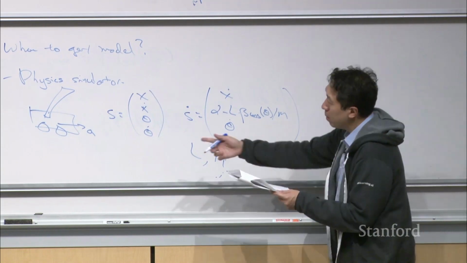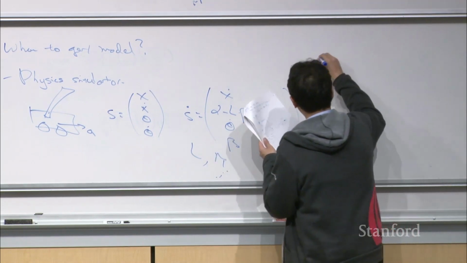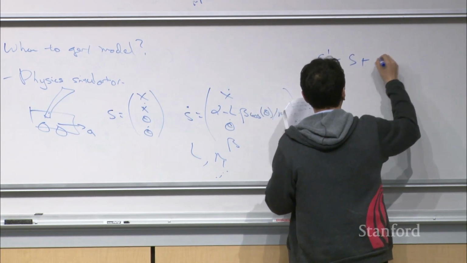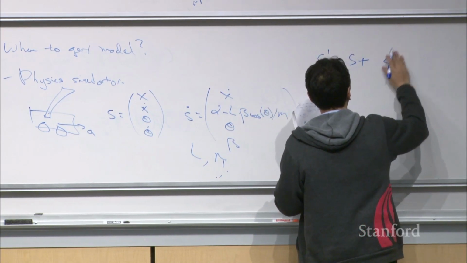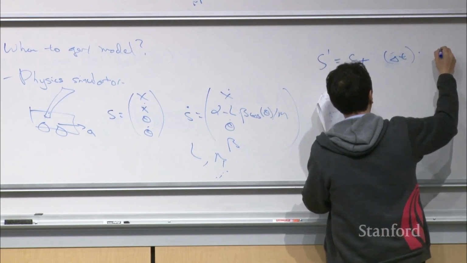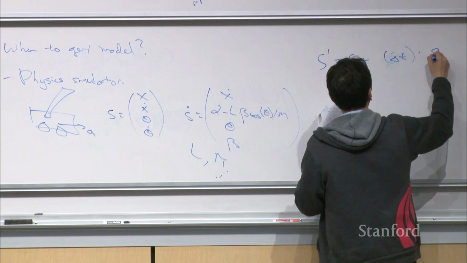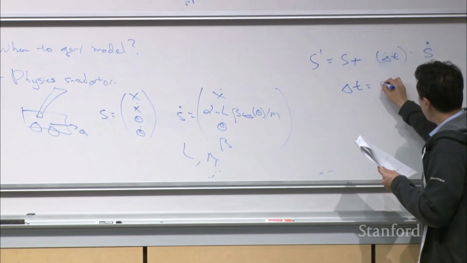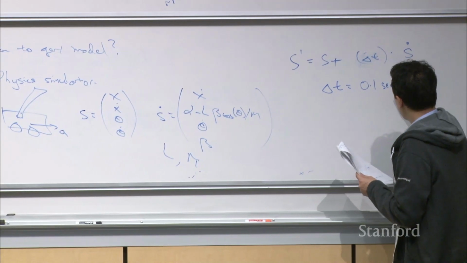And so in this example, the simulator would say that S prime is equal to S plus delta T times S dot, where delta T could be, let's say, 0.1 seconds.